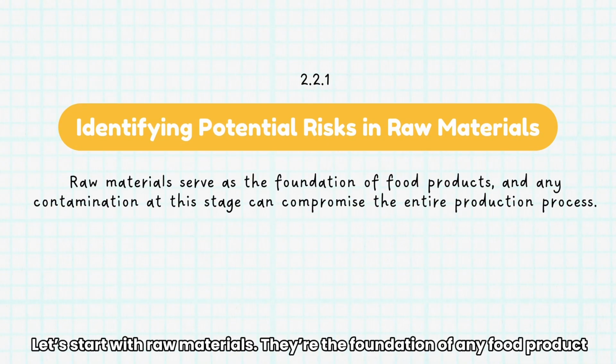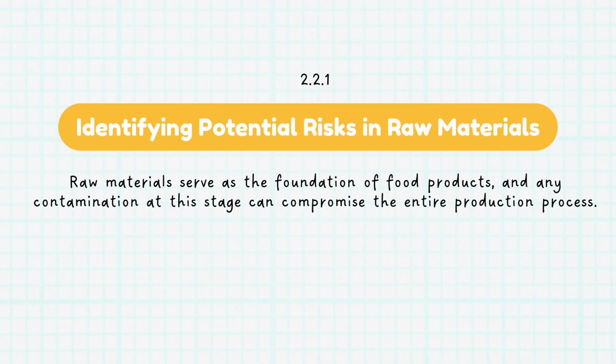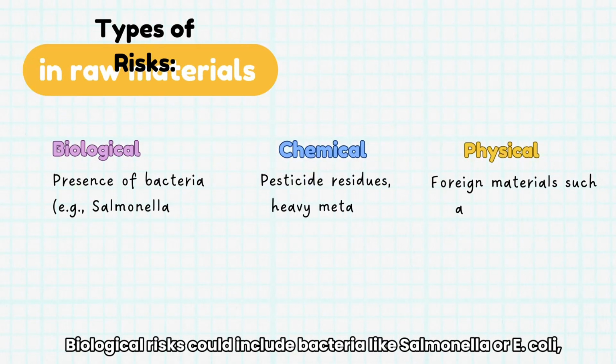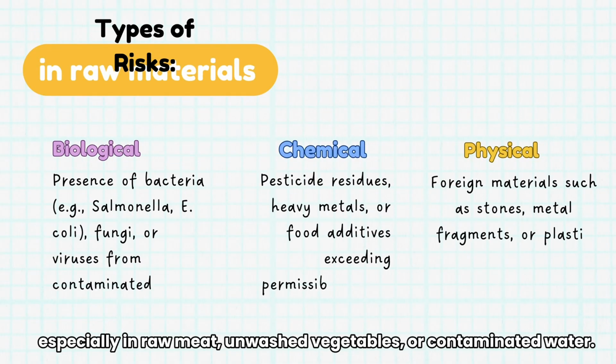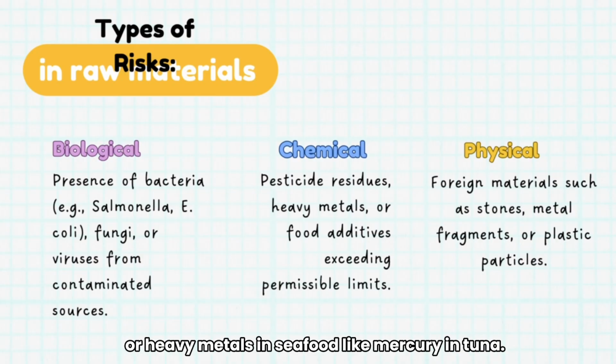Let's start with raw materials. They're the foundation of any food product, and if they're contaminated at the start, the entire production can be affected. Biological risks could include bacteria like Salmonella or E. coli, especially in raw meat, unwashed vegetables, or contaminated water. Chemical risks include pesticide residues on fruits, or heavy metals in seafood like mercury in tuna.